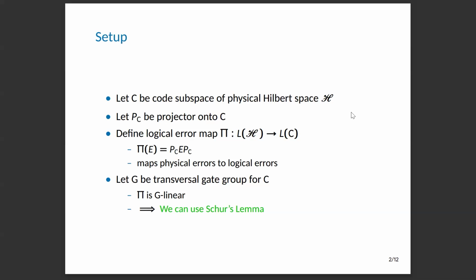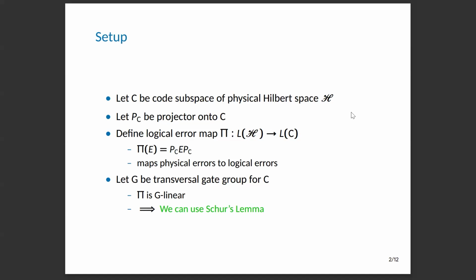This map, the logical map that takes us from the errors on the Hilbert space to the errors on the code space. If the code space is a representation, so it's preserved by the action of the transversal gate group G, then this map pi, the logical error map, will be G-linear. So it's a homomorphism of representations.